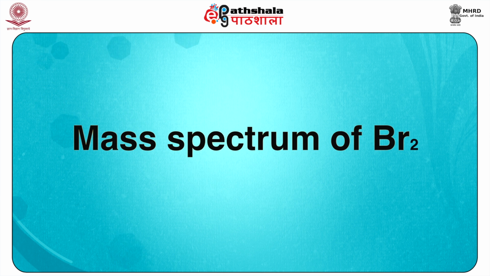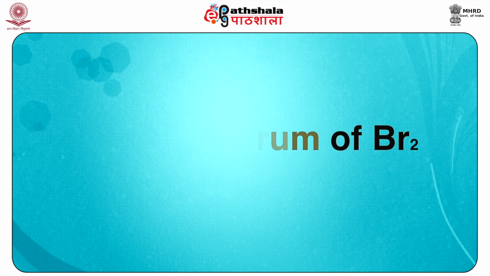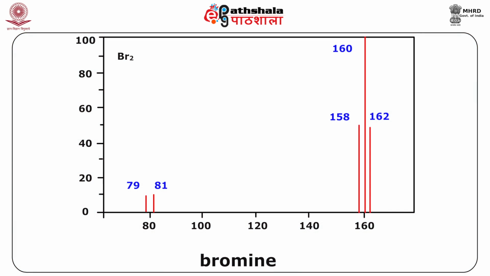Now let us consider the mass spectrum of Br2, that is bromine. It contains 5 peaks and has a nearly 50-50 mixture of isotopes having atomic masses of 79 and 81 atomic mass units respectively.